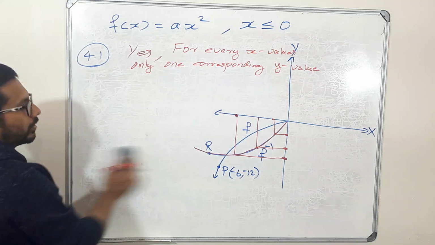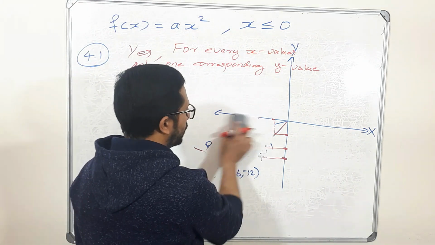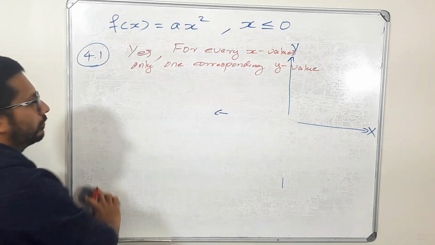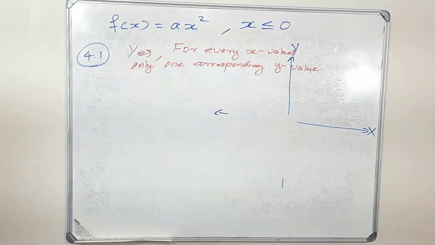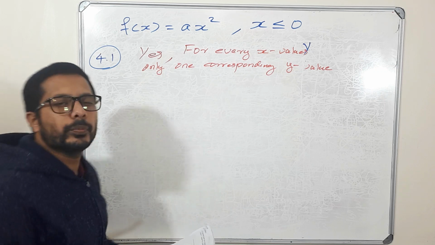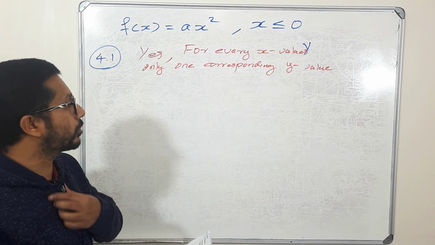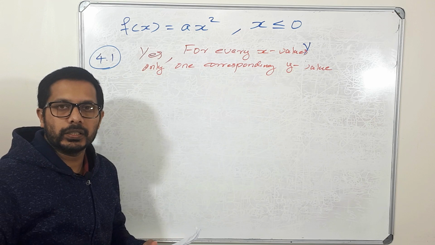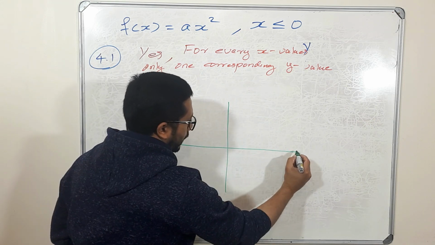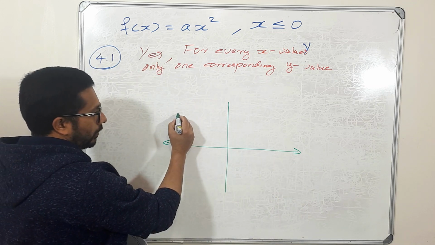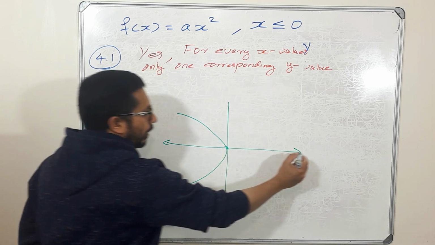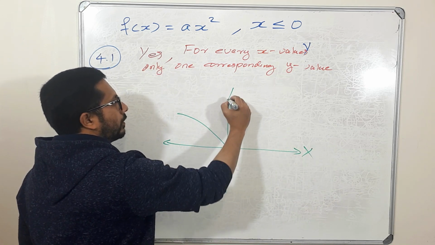Now let's go to the next question. Let me draw this graph once more. This is a mess now. Okay guys, before I go to the next question, try to understand this one also. Let me draw a graph here. This is my x-axis and this is the y-axis.